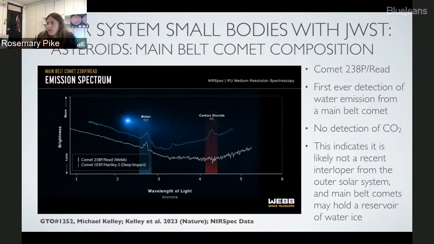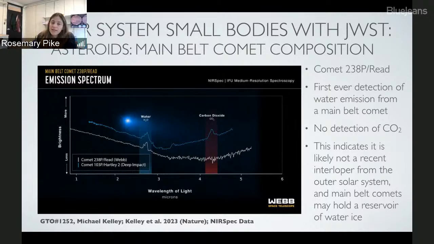So this detection of water ice is really important for our understanding of what the actual asteroids are made of. If there are a large number of asteroids that actually have subsurface water ice that is preserved long term, that would greatly change our understanding of how water ice is preserved in the inner solar system, and possibly even how water came to Earth.